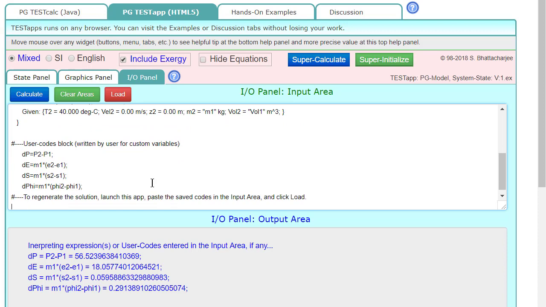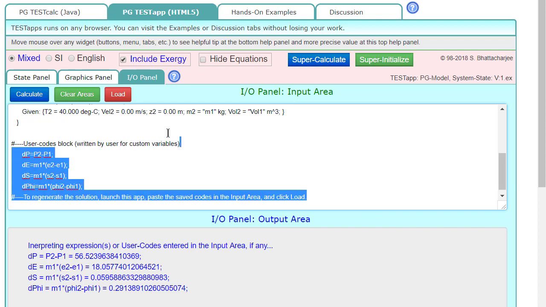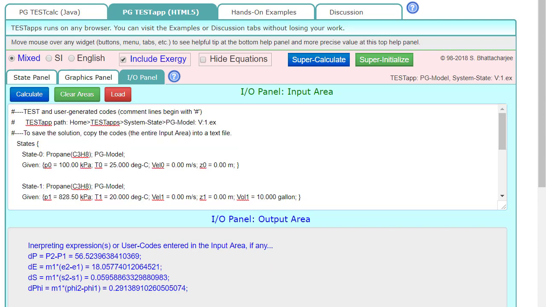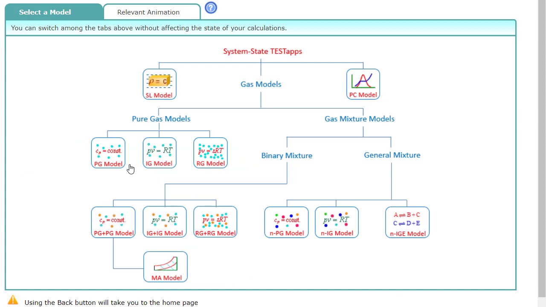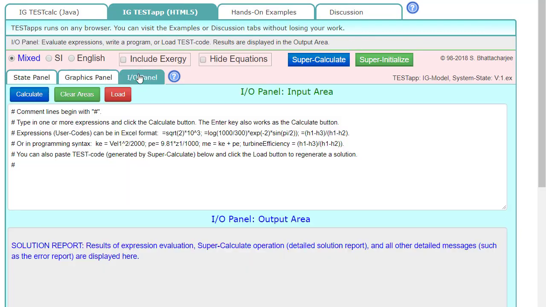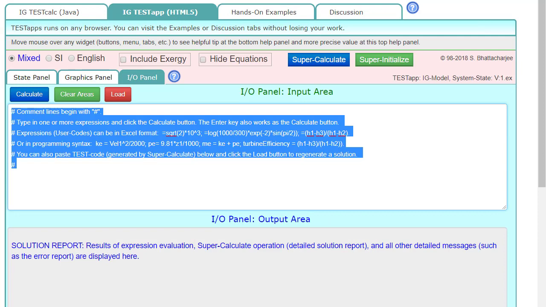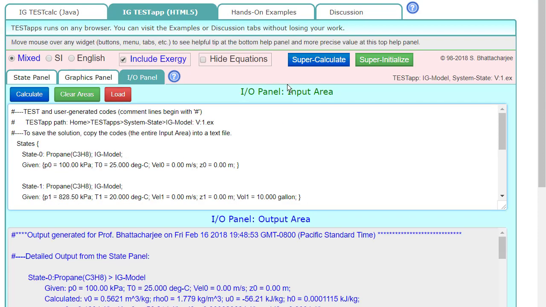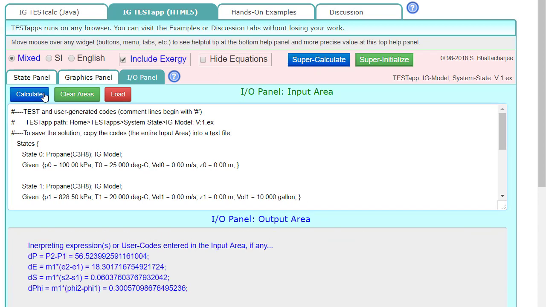So now, since we're going to do the IG model, that's also a gas model, we can just copy this code and enter that into the IG model, and it should work without having to enter anything else. So paste that in, load, super calculate, and then calculate.